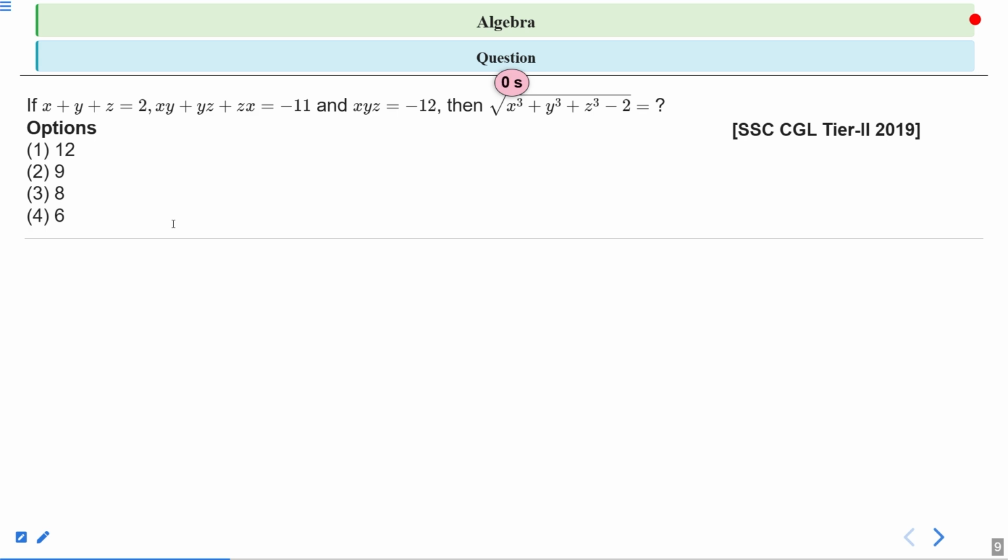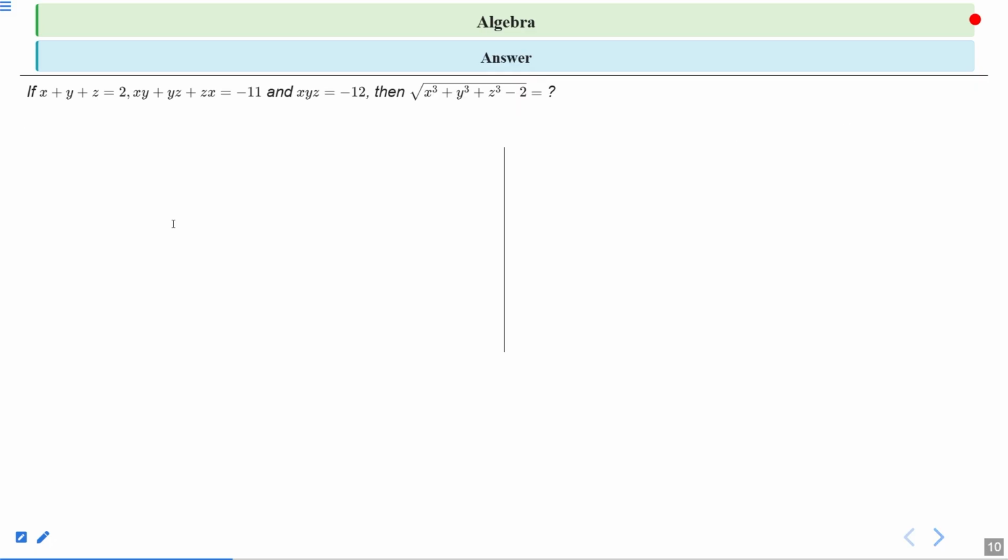Now time's up. Let's see the solution of this question. The question says that if x plus y plus z equals 2, xy plus yz plus zx equals minus 11, and it is also given that x into y into z equals minus 12. So we need to calculate under root of x cube plus y cube plus z cube minus 2. What is the value?